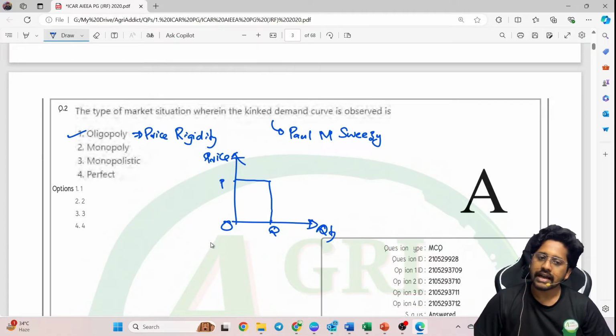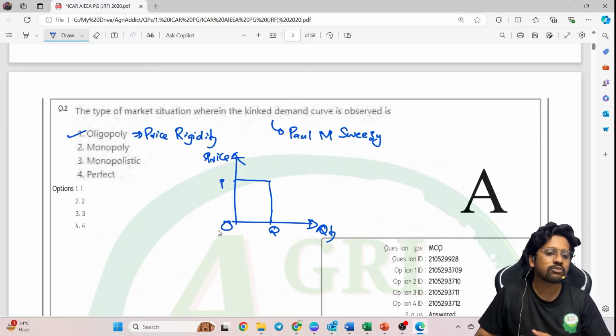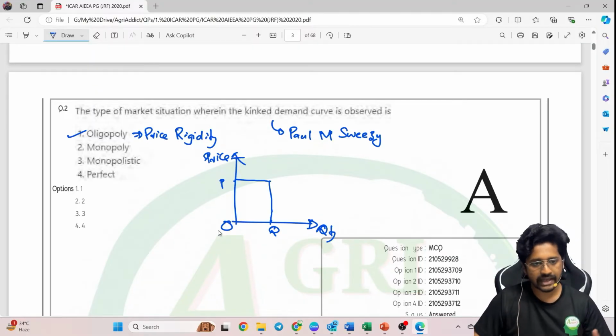What if a single firm increases the price? Because of the fear of the loss of output, the other firms in the oligopoly market won't be following that firm who have increased the price. So for that single firm who have raised the price, there will be a large loss for a little increase in the price, because none of the firms are following that firm's price increase, right?